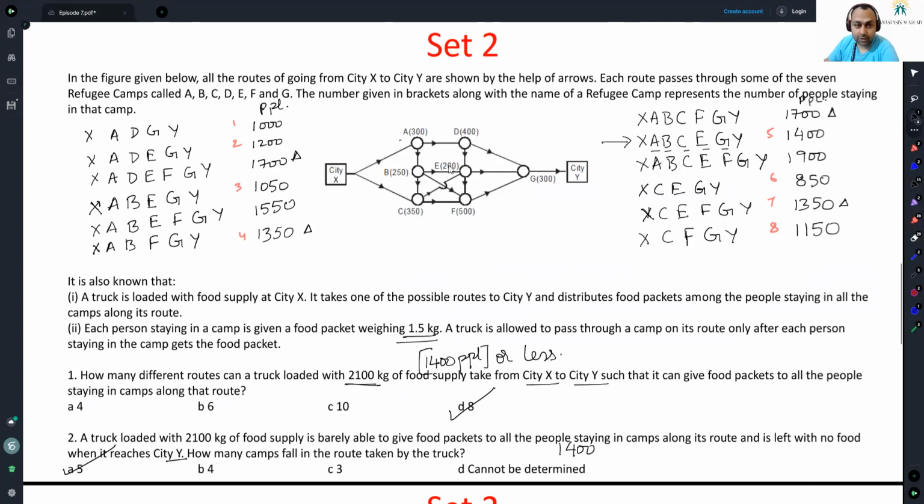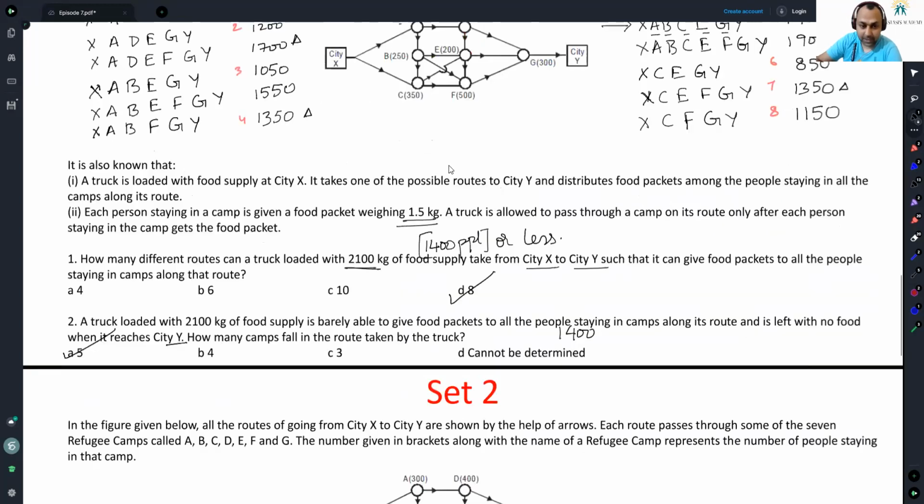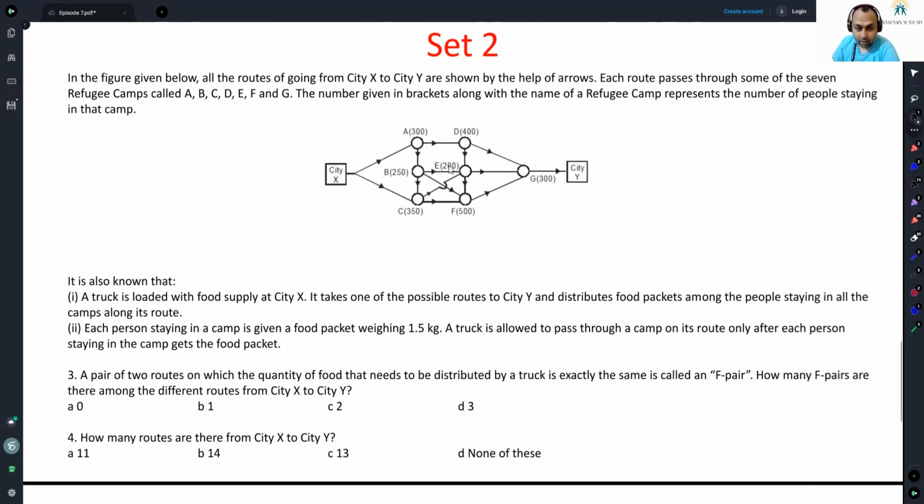I don't think I need to check the rest. If we did not get a pair here, we will not get a pair here because all the numbers in this line are different. So I get 2 such pairs. There are 2 such pairs.